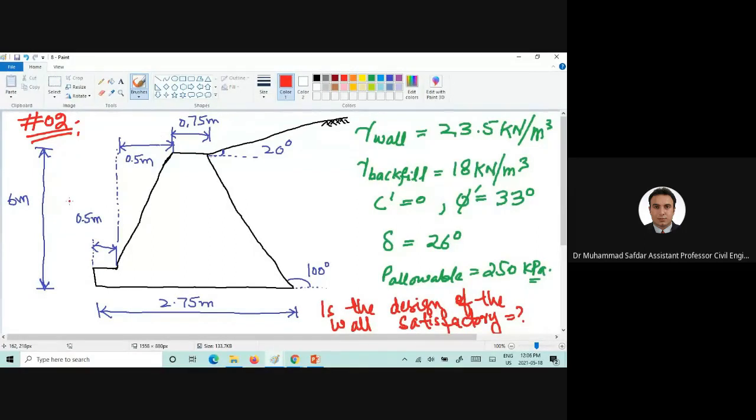Now in this example, it is said that the P allowable, or the allowable bearing capacity, is equal to 250 kilopascal. Question is asked: is the design of the wall satisfactory? How are we going to solve this problem?